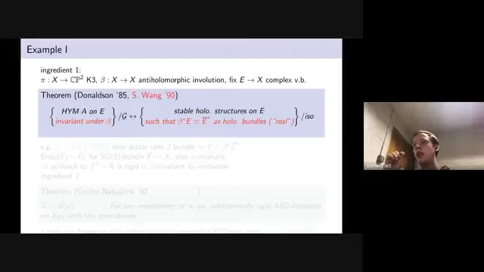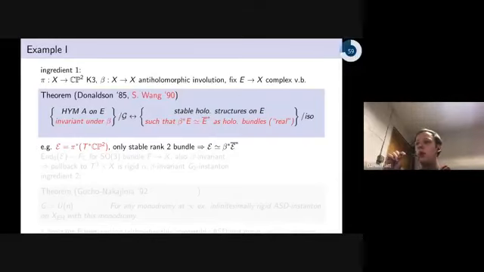This you get from looking at how beta acts on the space of Hermitian-Yang-Mills connections and on the space of holomorphic structures. If you have such a holomorphic structure, you call it a real holomorphic bundle.